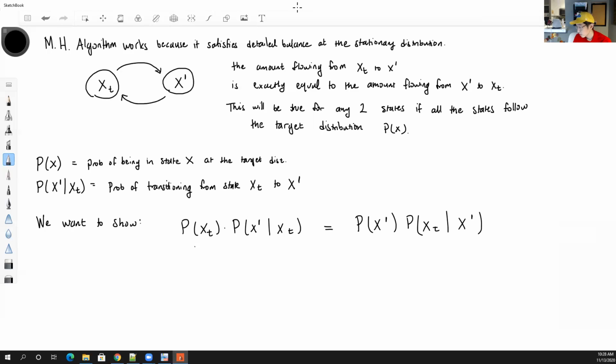So this is the flow from xt to x prime, the amount flowing from xt is equal to the amount flowing in the opposite direction.